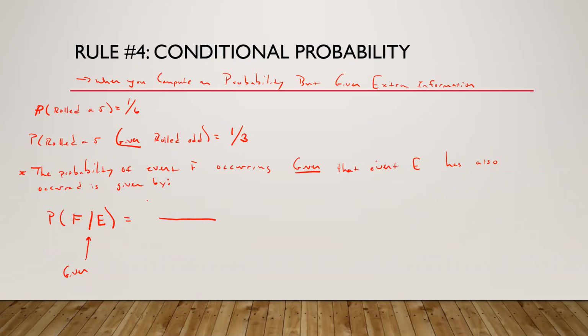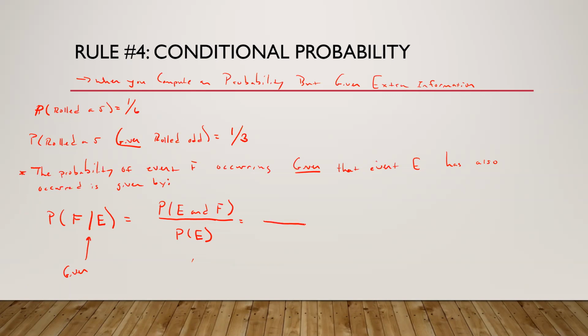There are two ways you could do it. You could do it as the probability that events E and F happened, and you would just divide that by the probability of event E. And I'm going to show you that this formula works by working this problem.